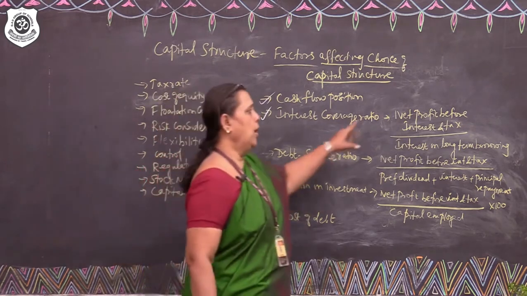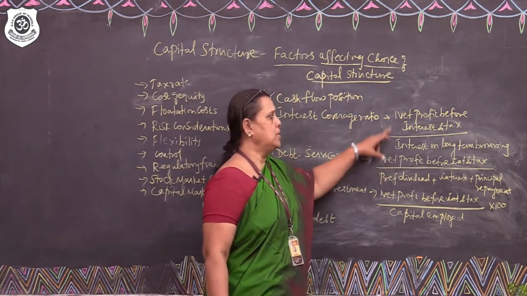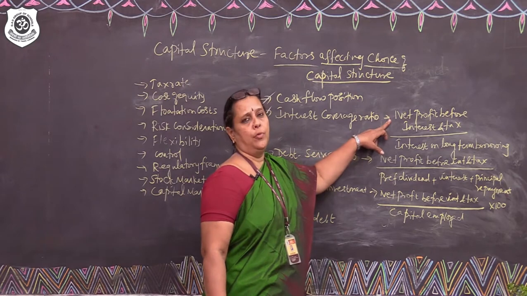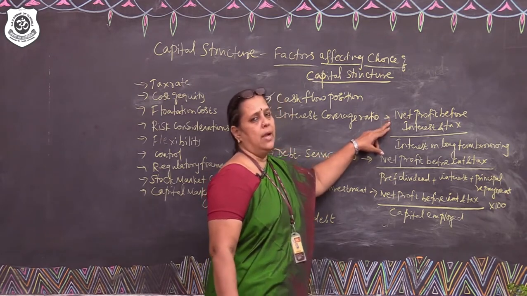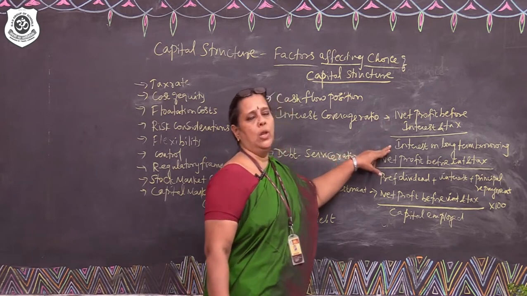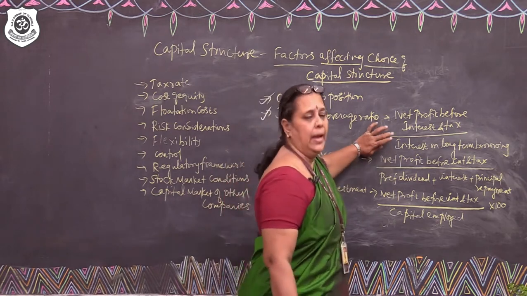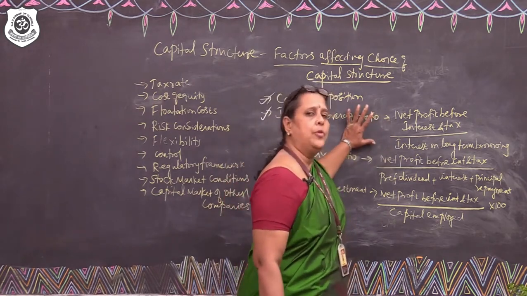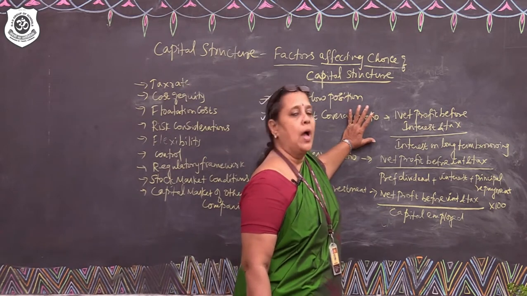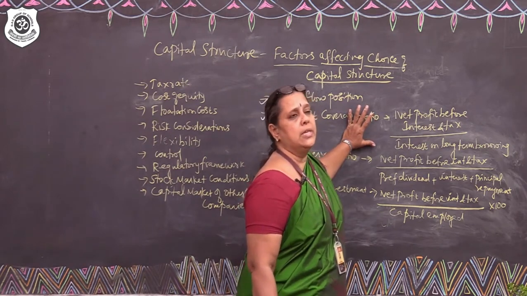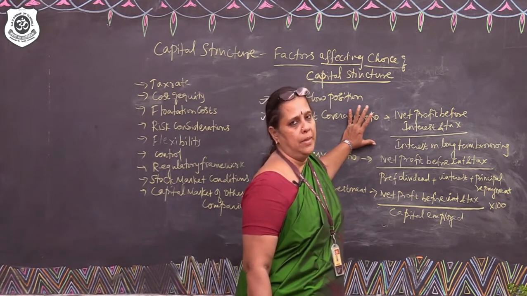Interest coverage ratio is calculated by dividing net profit before interest and tax by interest on long-term borrowings. If this ratio is higher, it indicates that many times over a company will be able to meet its interest commitments. The higher the ratio, the greater is the ability of the organization to meet its fixed interest commitments.